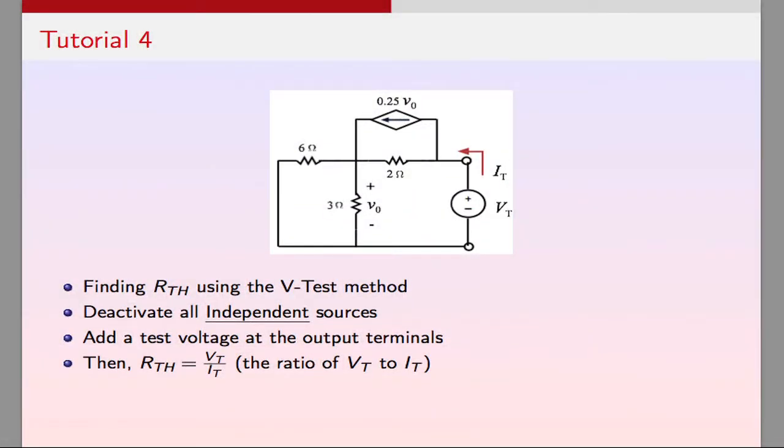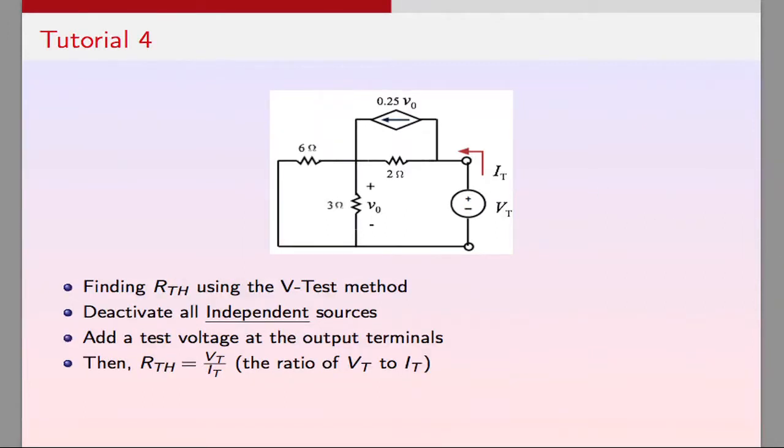This is how the circuit looks. Notice that the 18-volt source is shorted out, and this is the voltage source that we added, VT, and we have a current coming out from VT, which is IT.